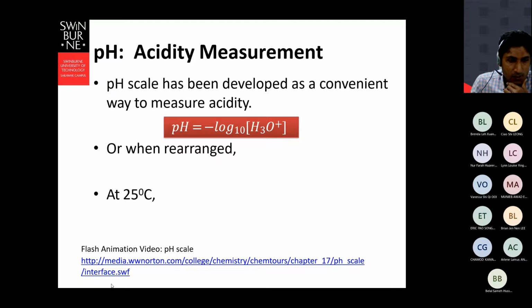So if we can find the hydroxyl ion or hydronium ion value and take the negative log of that value, we can find the acidity of that solution.